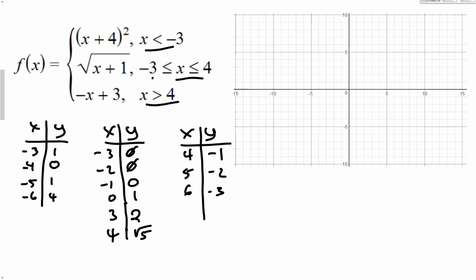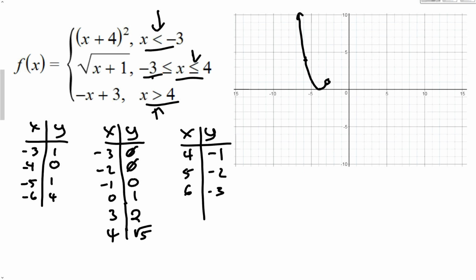Okay, and so now open circle, closed circle here. This is not going to matter because those two things were undefined, and open circle right there. Okay, so we got negative 3, 1 with an open circle. So we get our parabola, something like that.